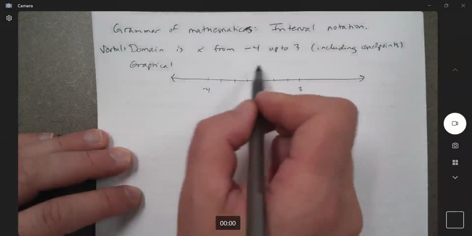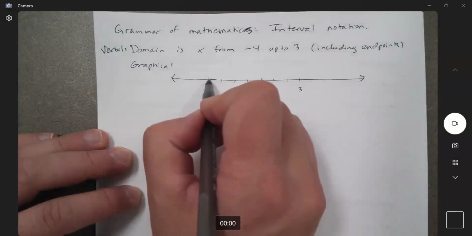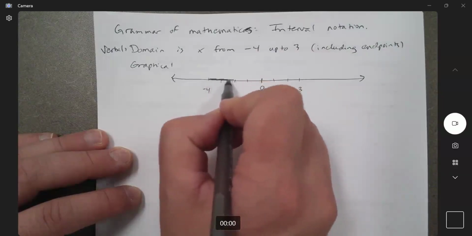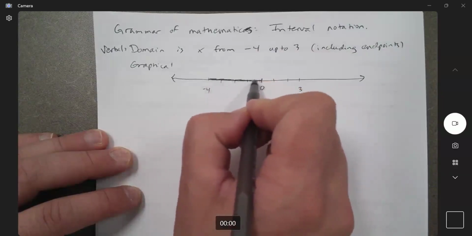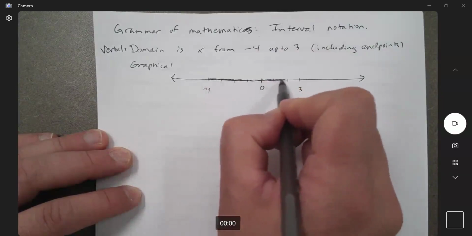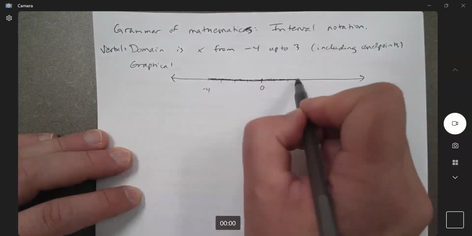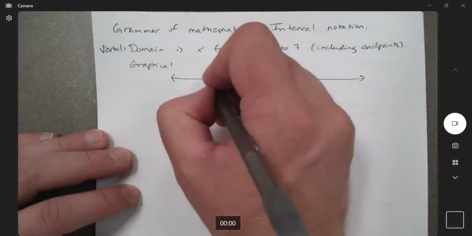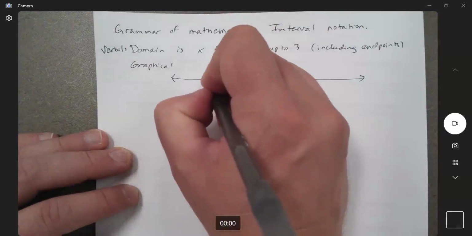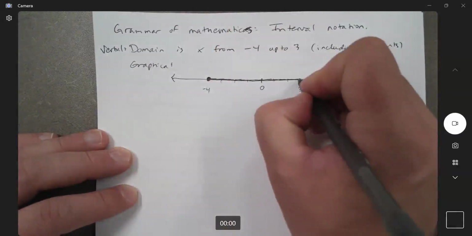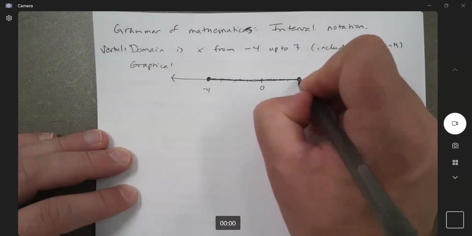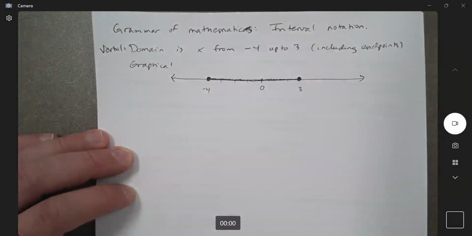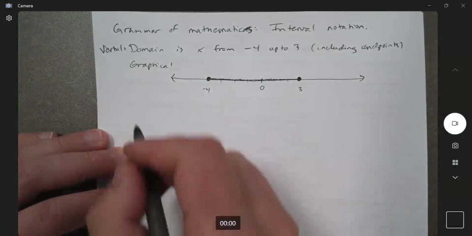And if the domain includes these points, I'll shade in all of that, like so. Because I include -4, I want to make that really obvious, so I make my shade a dot at the end.